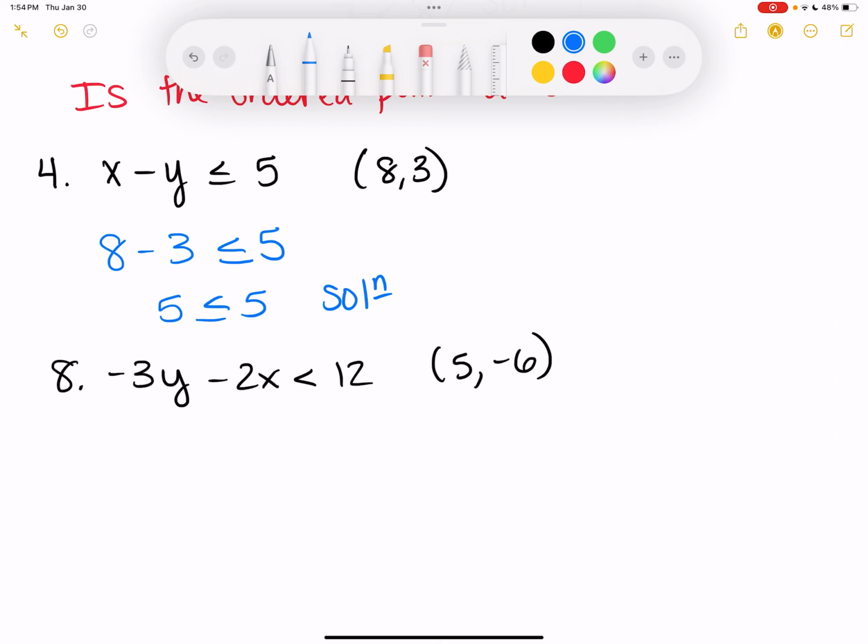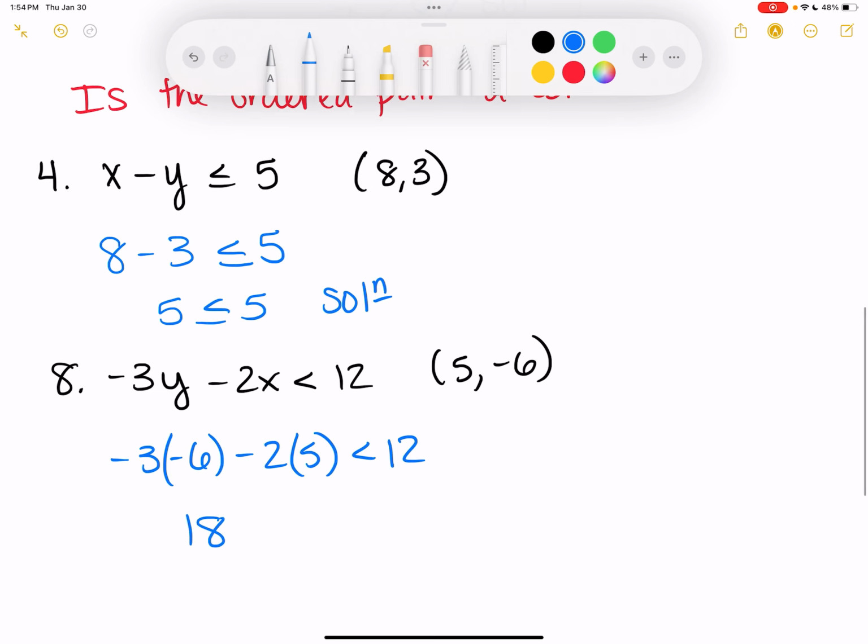So plugging in, negative 3 times, notice they did y first this time, so that's negative 6 going in there, minus 2 times 5 is less than 12. What's negative 3 times negative 6? 18. And then negative 2 times 5? Negative 10. So 18 minus 10 is 8, which is less than 12. Is that true? Yes. So that one's a solution.